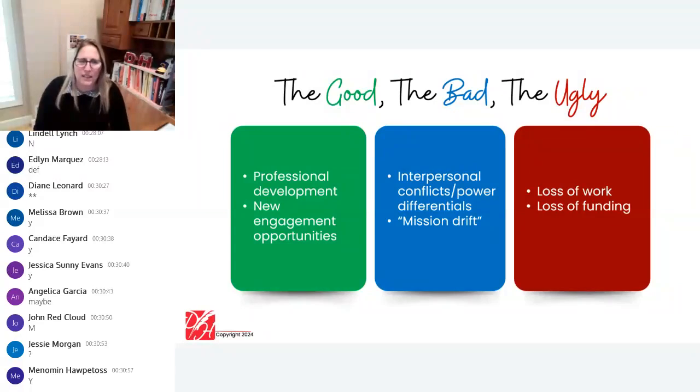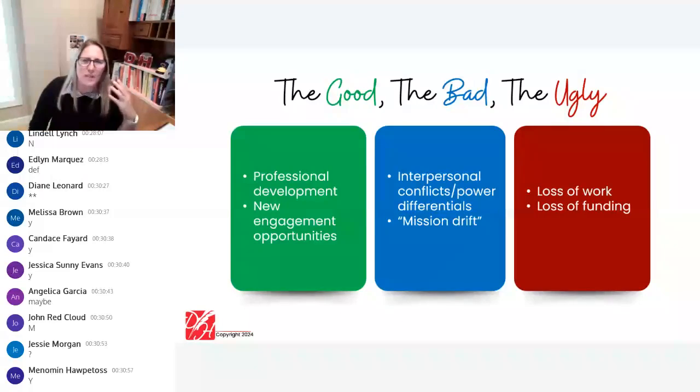And the ugly is, well, if there's a reason that you lose funding because of a collaboration, or it does start to feel competitive, yeah, that's not great. For the most part, we don't see a lot of the ugly. There's too much passion and focus in organizations doing great work to get too distracted and to end up in some of those negative scenarios.